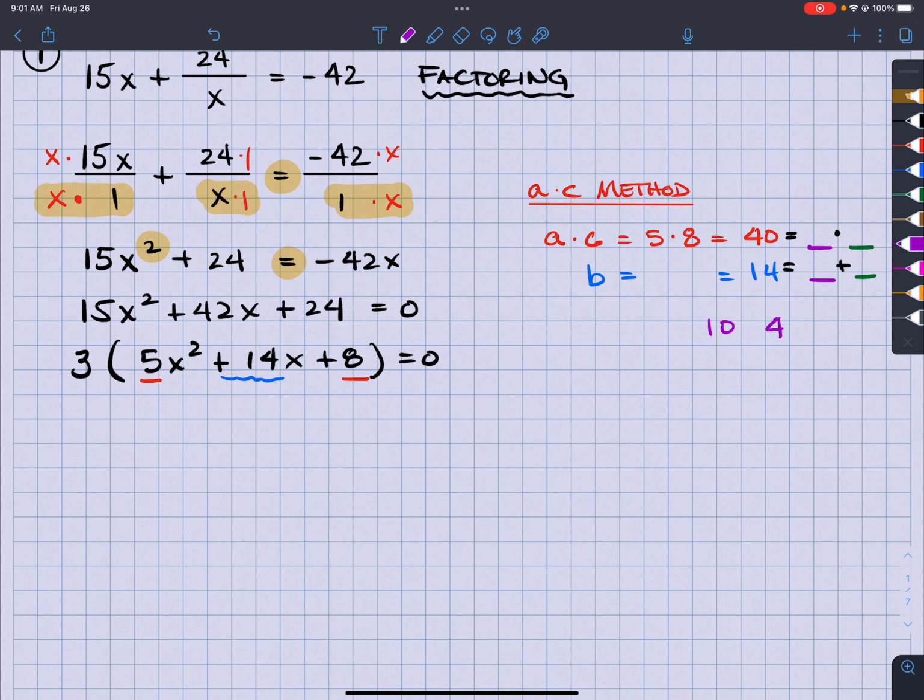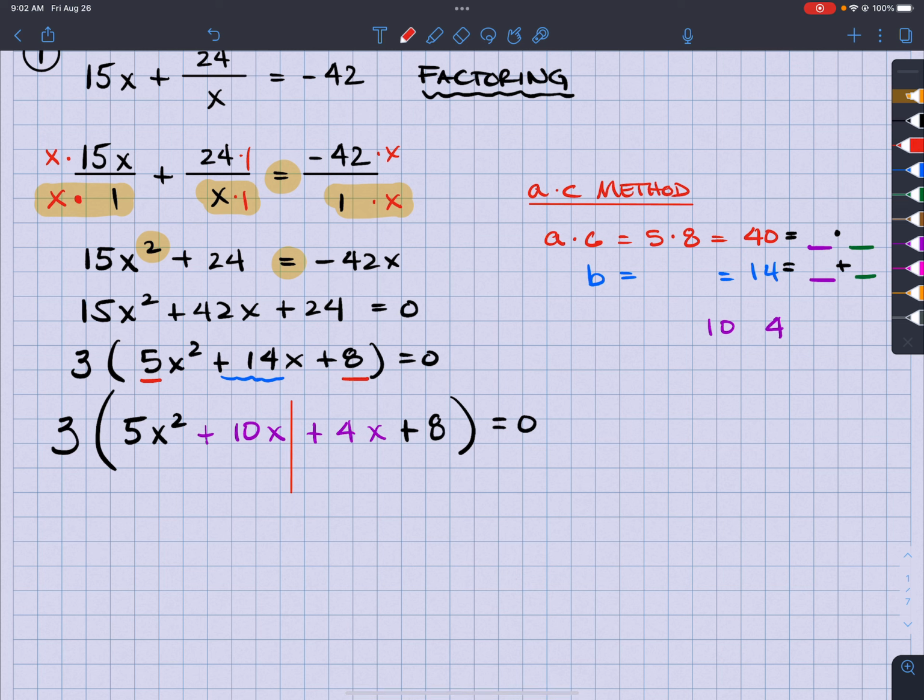Okay? So I have the 3. I'm going to have 5x squared plus the 10x plus the 4x and then plus the 8. And that's going to equal 0. So here's where factor by grouping comes into play. I got to find the GCF of the first group.